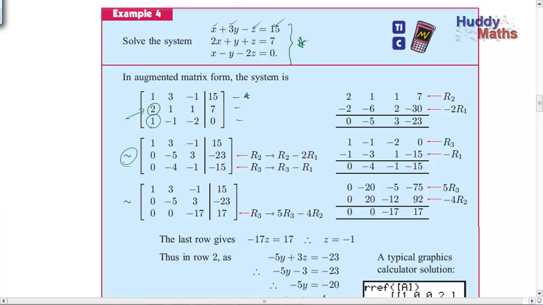Try to create that, and you'll create that by saying, let row 2 go to row 2, take 2 row 1. Okay, so here we are. There's row 2, and minus 2 row 1, and we've been able to create a 0 there. I strongly recommend that you write this out, both for part marks, but also to avoid making an error.